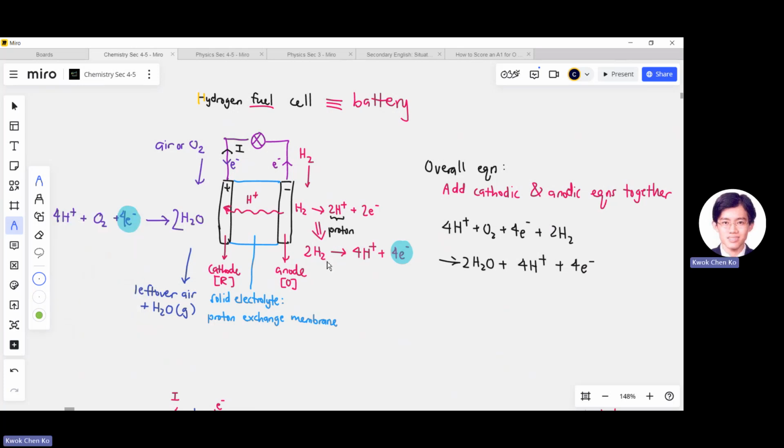Next, cancel out the same entities on both sides. Cancel off the 4 electrons. That's why you must have 4 electrons, 4 electrons. What else can I cancel? 4H+, 4H+. So what is left? This is your final answer for the overall equation.